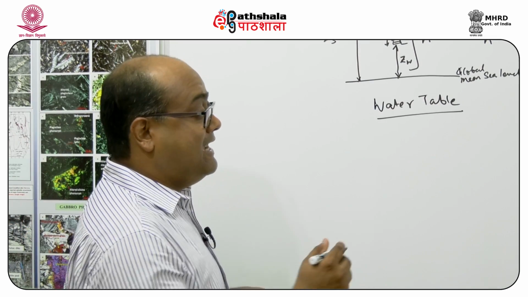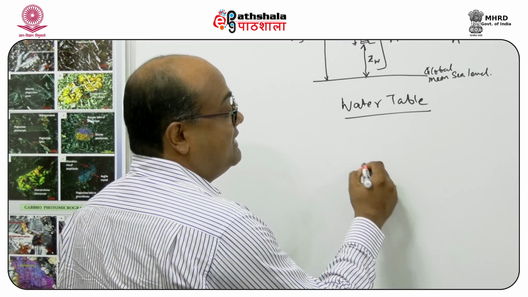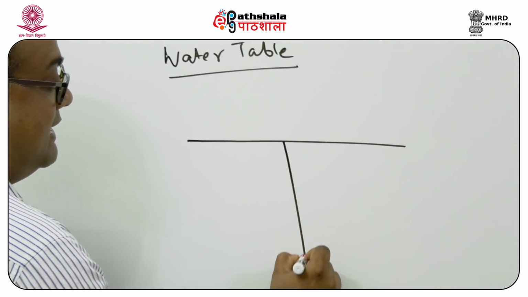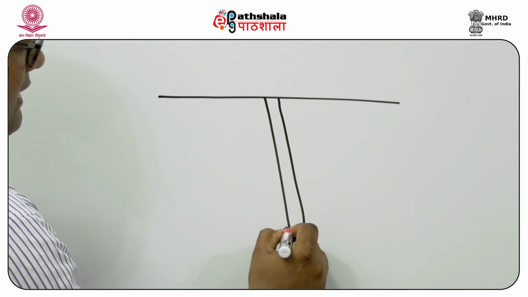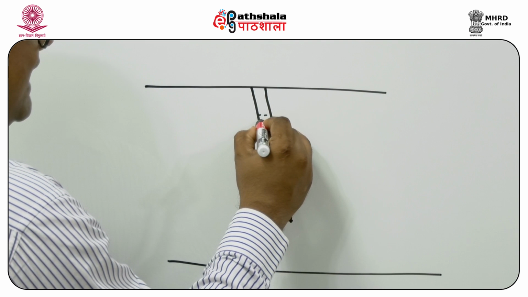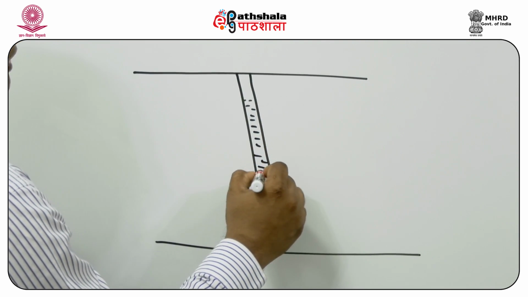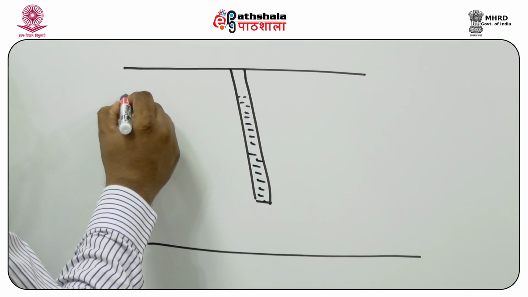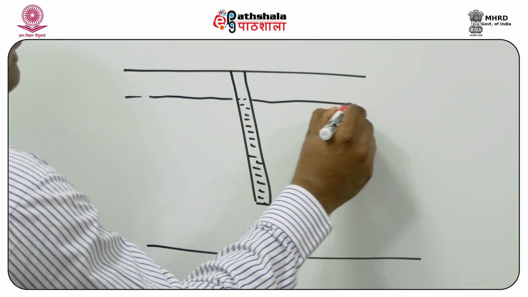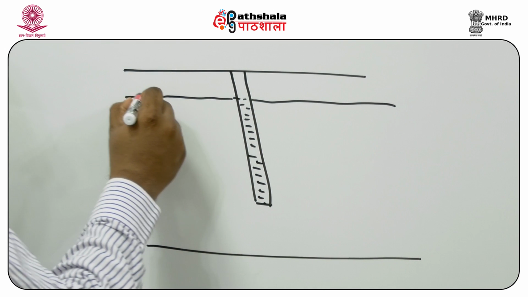So if I take a situation like this, a similar diagram in which I am showing that this is my surface, this is the well in which there is water standing. So this is the water in the well, and this is the representation of my water table. How did I draw the water table?